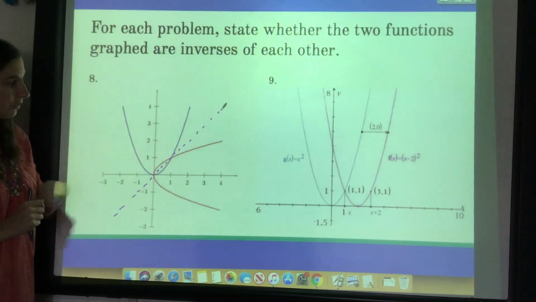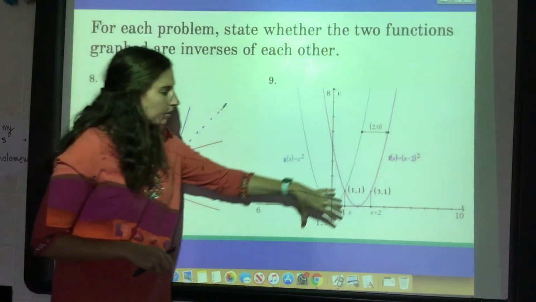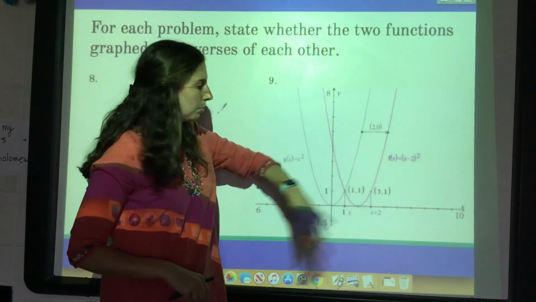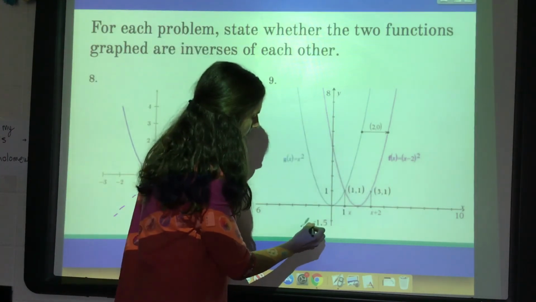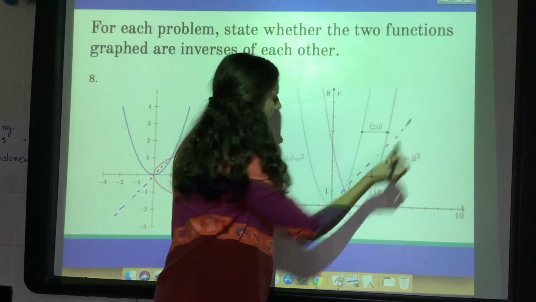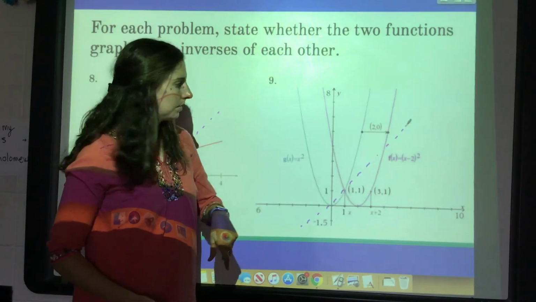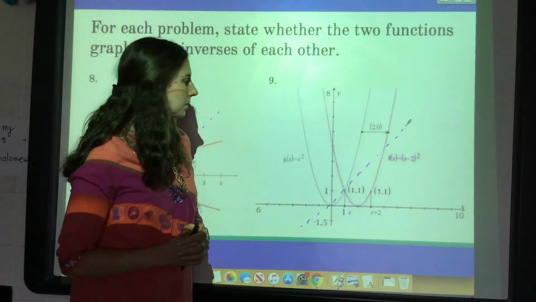So those are inverses. These are two parabolas where it's a translation, but it's not a reflection across the line y equals x. It has to be a reflection across that diagonal line, and these two are not. So those are not inverses.